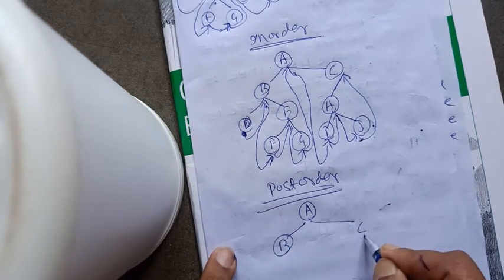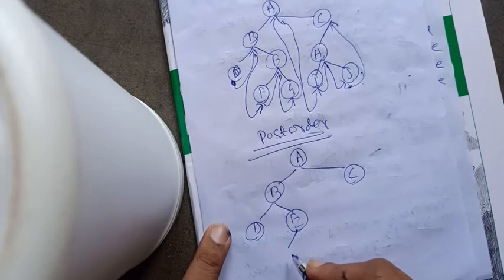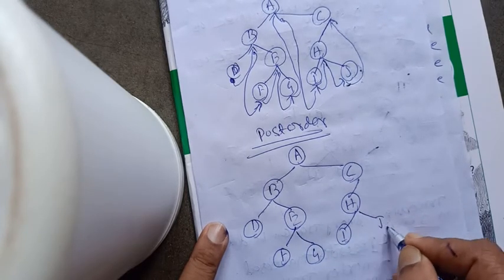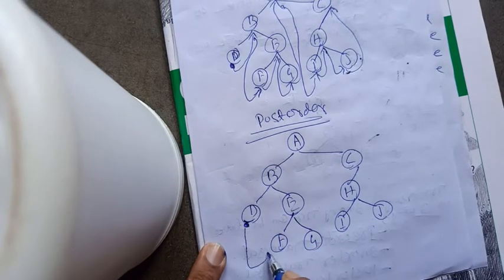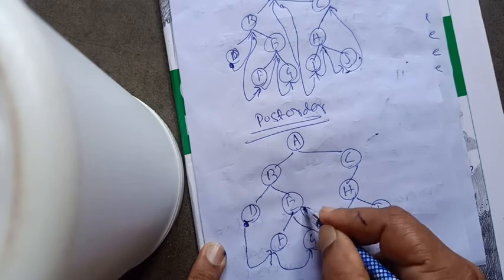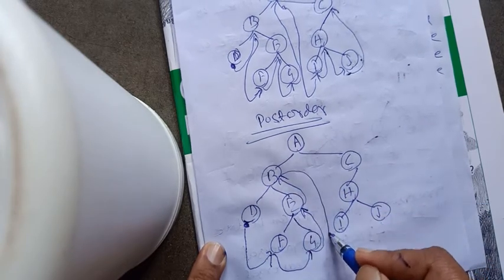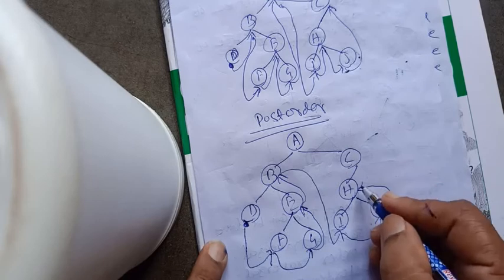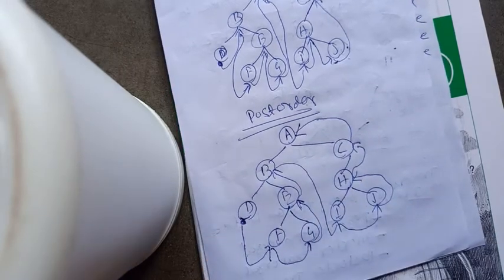A, B, C, D, E, F, G, H, I, and J. So now when we say post order, the first node that will be processed is D. After D we will move to F. After F we will move to G. After G we will move to E. Then from E we will move to B. Then from B we will again move to I. From I we will move to J. From J we will move to H. From H we will move to C, and finally from C we will move to A. So this is the sequence in which the nodes are processed.